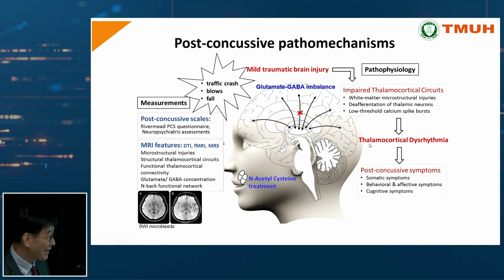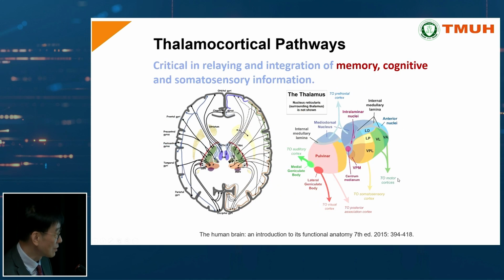Then the patient may get something like a heartbeat arrhythmia: thalamocortical dysrhythmia. Then the patient develops all kinds of post-concussion syndrome. This is a very important concept: the thalamocortical pathway is critical in relaying and integrating our memory, cognitive, and somatosensory information.